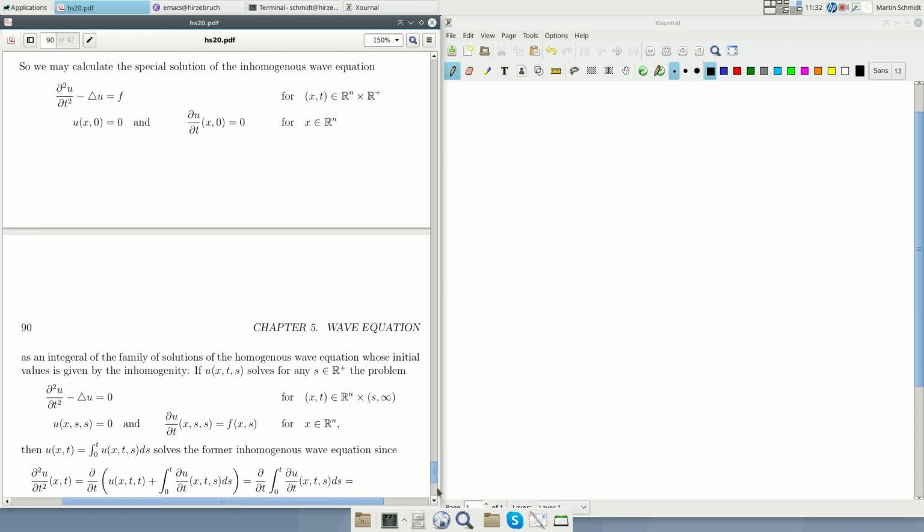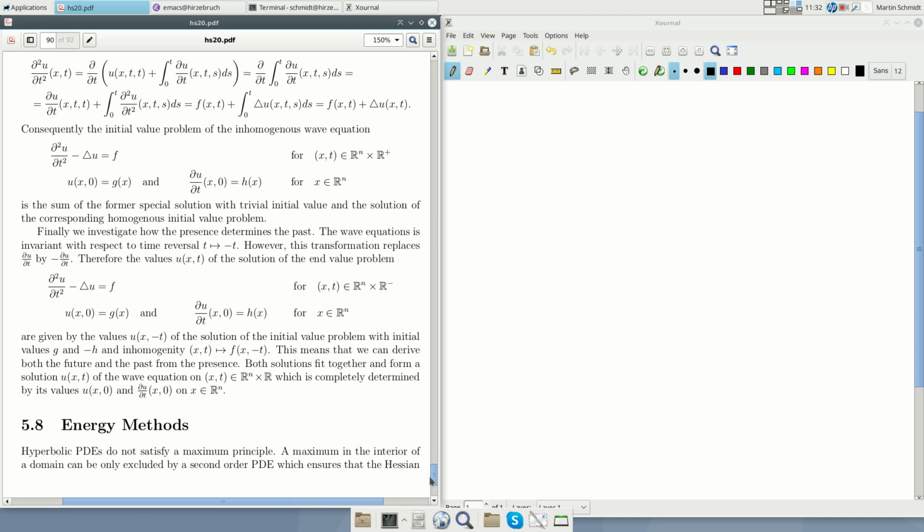And we saw that we directly can apply the method of variation of constants of ODE to this linear PDE. And then finally, we also investigated the behavior under time reversal.